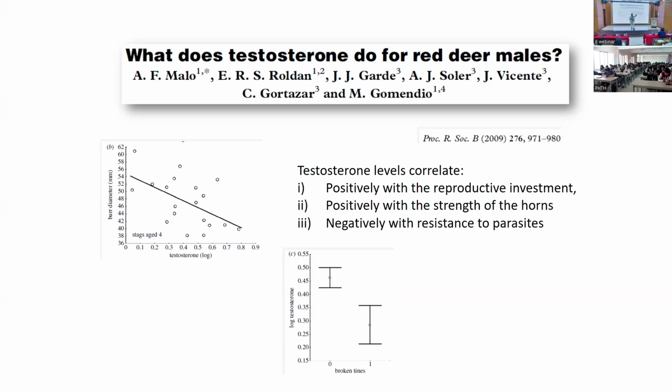In other words, more testosterone, more horns, more chances to reproduce, but also lower resistance to parasites. It means that despite this handicap, that individual survived, having good genes to do it.